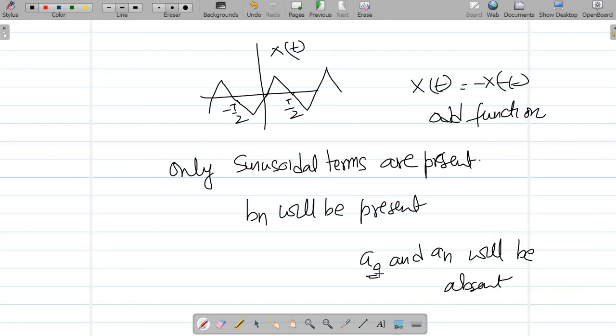But we need to check whether, in every case where the function is odd, A naught will be present or not. So I think yes, A naught will be absent in all the cases. So the DC term will be absent, only the Bn terms will be present.